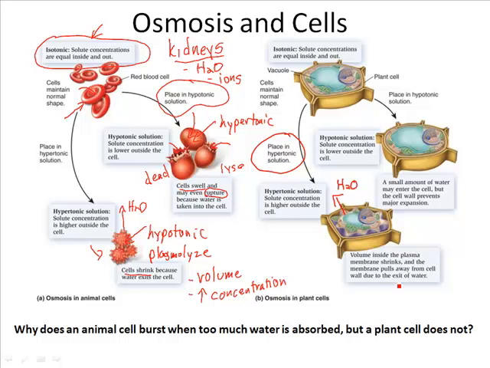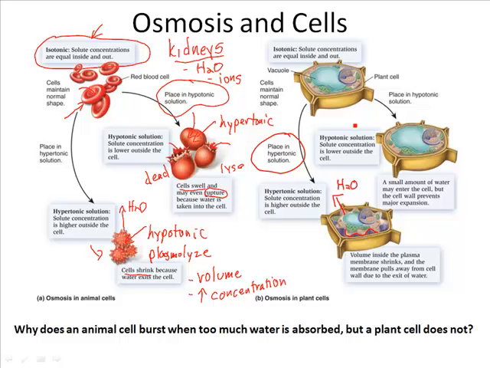And as a result, the volume inside the plasma membrane shrinks, and the plasma membrane starts to pull away from the cell wall. You can see that here. Again, plasmolysis, not good for plant cells.